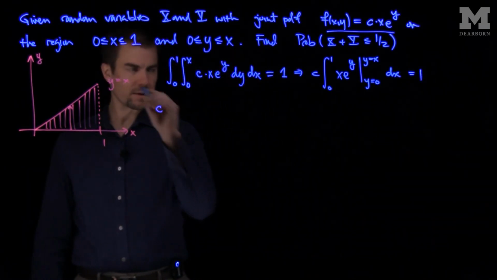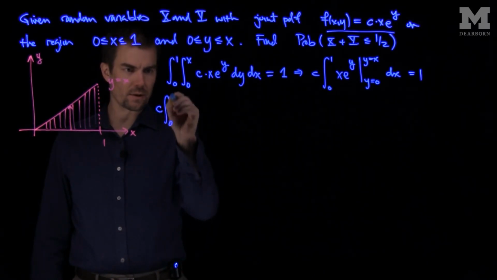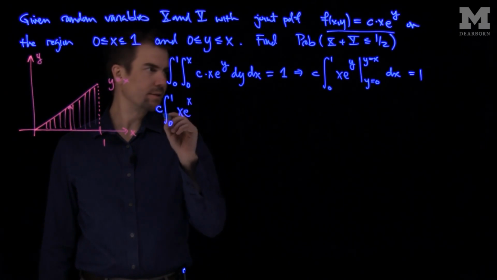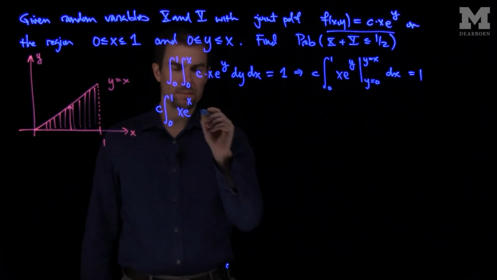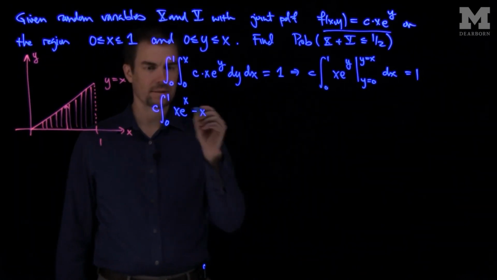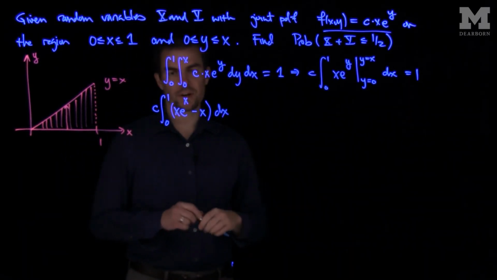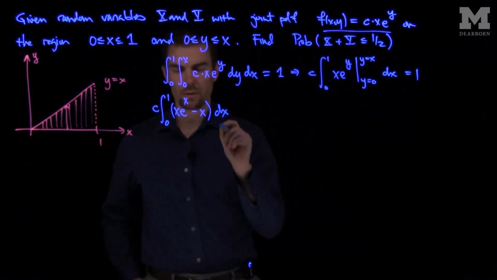And so we'll have over here c times the integral from 0 to 1 of, the top limit is x e to the x, and then the bottom limit is going to be minus x, dx. So let's do this integral. This has to be equal to 1.